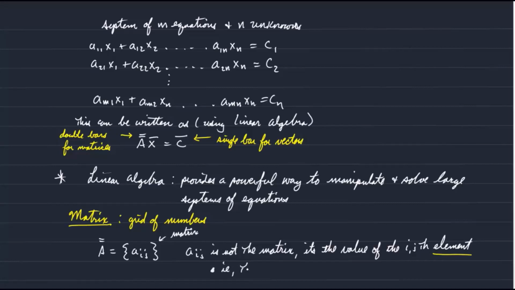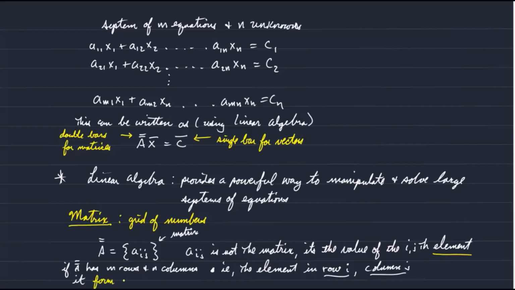That is the element in row i, column j. If A is an m by n matrix, or I should say, if A has m rows and n columns, its form is m by n.